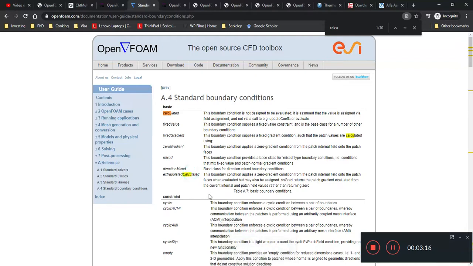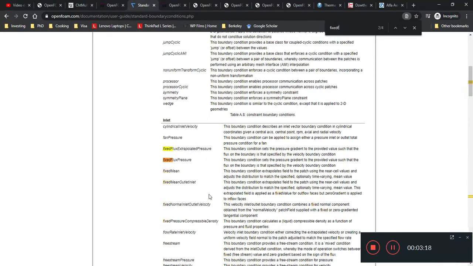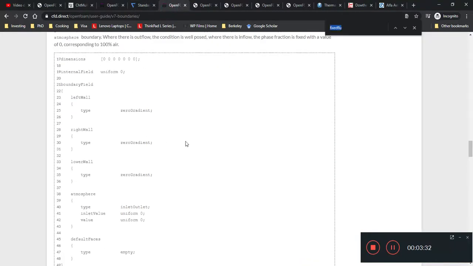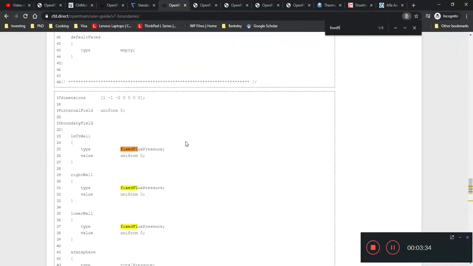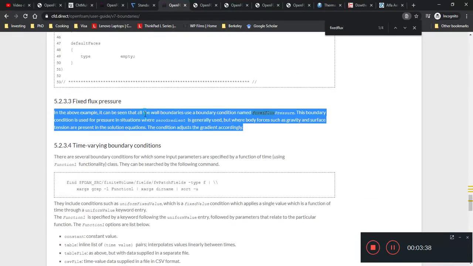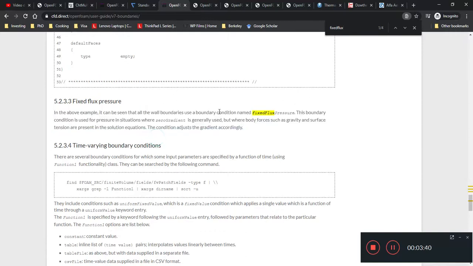Let me see, fixedFluxPressure. This boundary condition sets the pressure gradient to the provided value such that the flux on the boundary is specified by the velocity boundary condition. And if you take a look here, in OpenFOAM.com, in the above example, all boundaries use the boundary condition fixedFluxPressure.